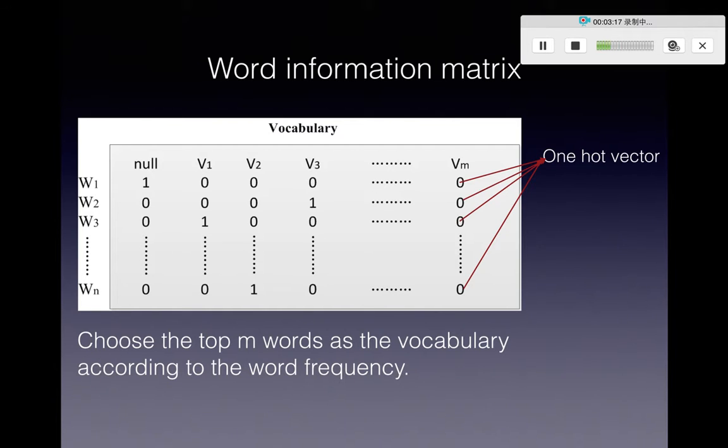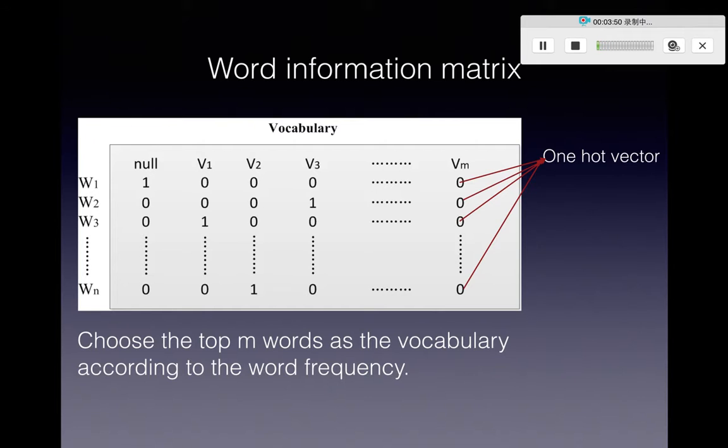Firstly, we introduce the construction of the word information matrix. Like the picture shows, each row means a word in the corpus, and each column means a vocabulary word. First, we choose the top M words as the vocabulary according to word frequency.